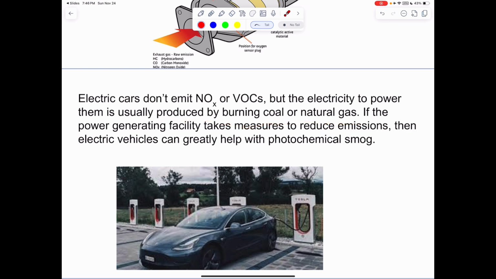However, most of the time, these generating facilities do take measures to reduce emissions. They have things called scrubbers that will normally pull those pollutants away. And in addition, our power generating facilities often are not in the middle of a city. They're much farther outside of the city, and so they have less of an impact on humans' lives.